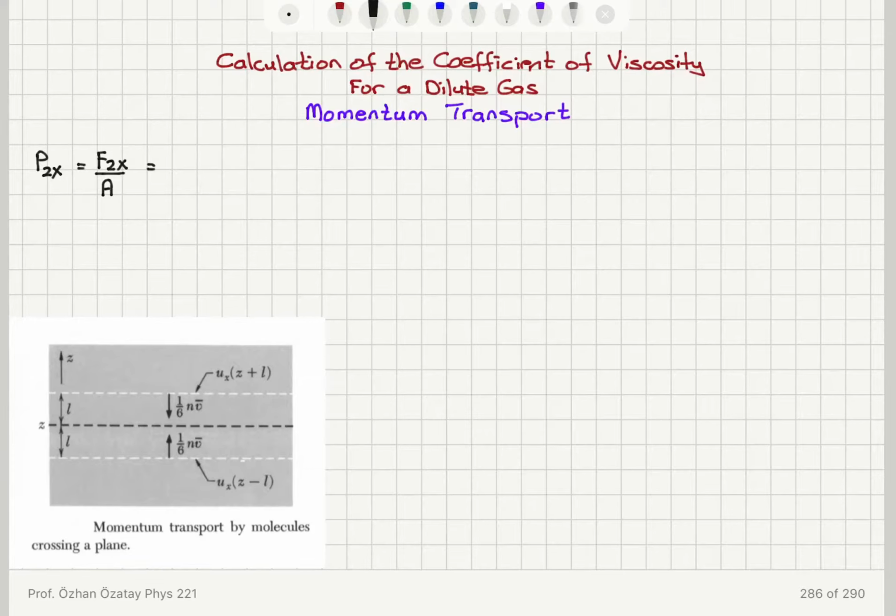So this is basically 1 over the area multiplied by, using Newton's second law, the change in momentum dpx/dt, the x component of the momentum, derivative with respect to time. So linear momentum is mv, so the derivative with respect to time is ma, so F equals ma, Newton's second law.